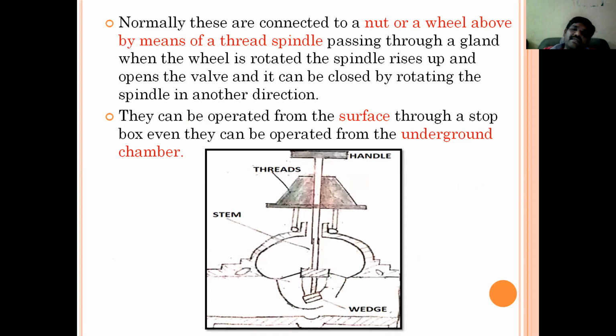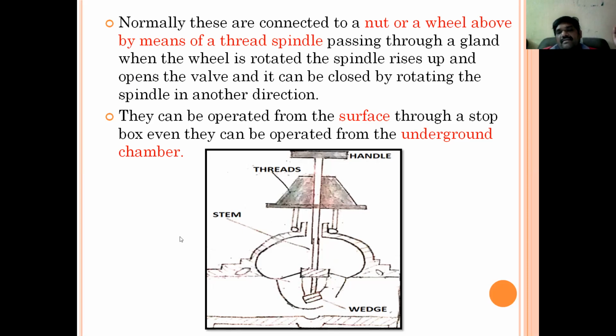See here, have a look. They can be operated either from the surface or underground. You may have observed at manholes, or even at the roadsides, authorized people introduce one rod into the road where there is an underground water supply system. They spindle it. That means they stop or turn on the water flow like this.